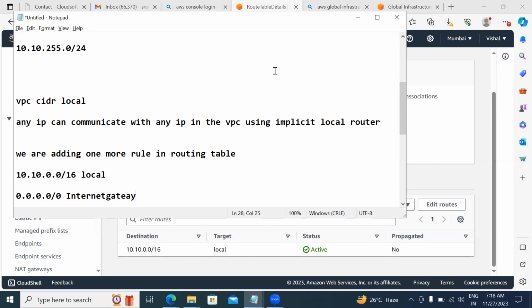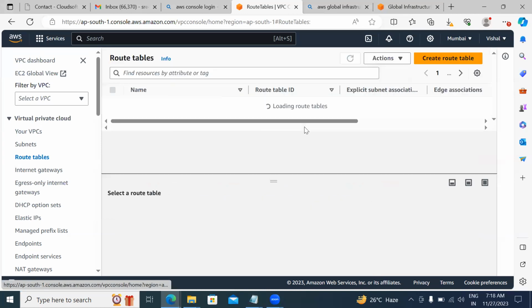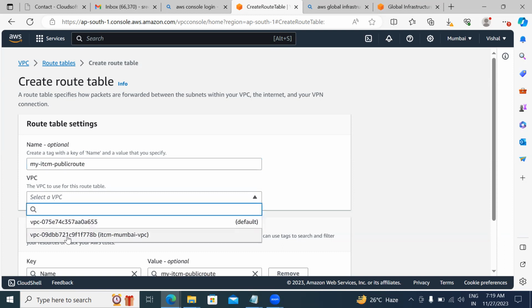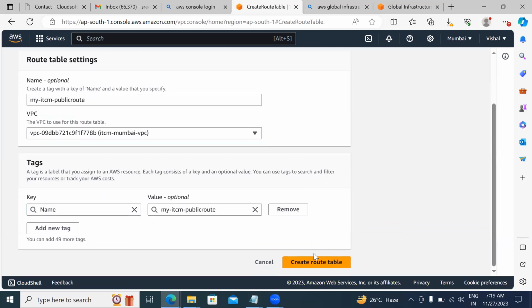So now I'll create one route table. I don't touch this default route table. I'll create one more route table. I'm giving this the name public route and I'm creating the route table.